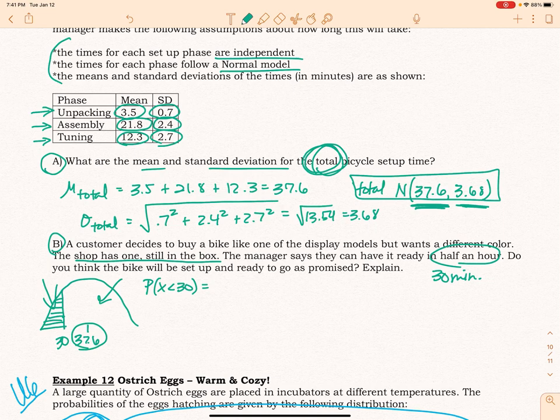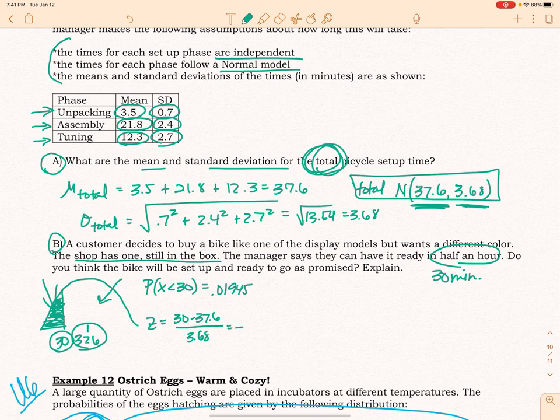I just use Staplet just like I have a million times, and I found a left tail below 30. I found a probability of 0.01945. You could also take the z-score approach by just finding that z-score.